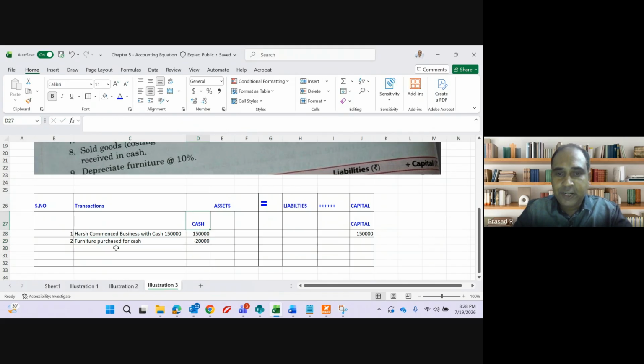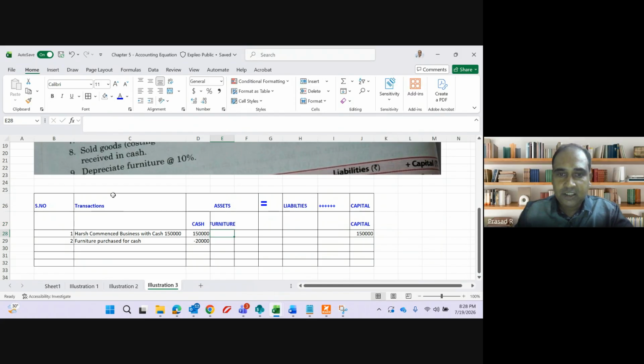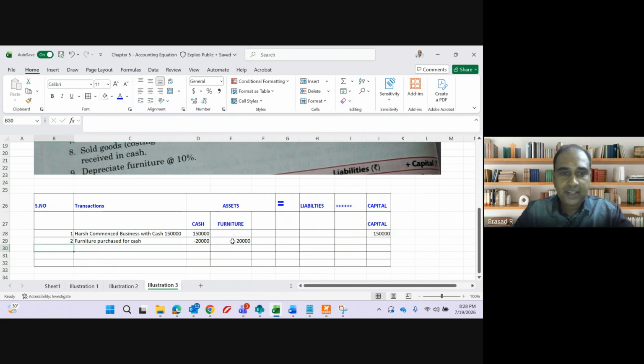And which asset shall I introduce? Furniture, under asset category, plus 20,000. What is the next step, guys?